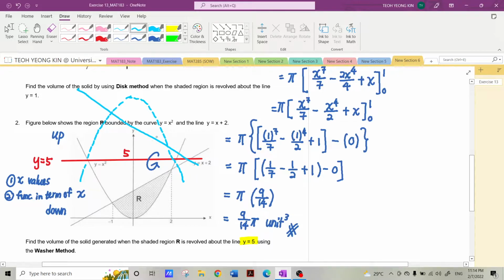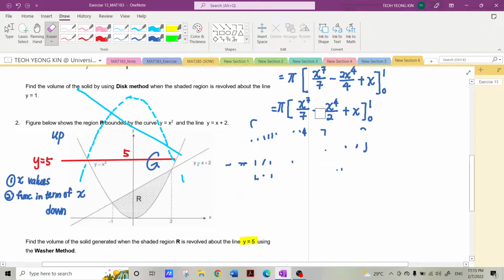This is a straight line. If the graph is revolved up and down, then in order to find the volume, let me erase this part.